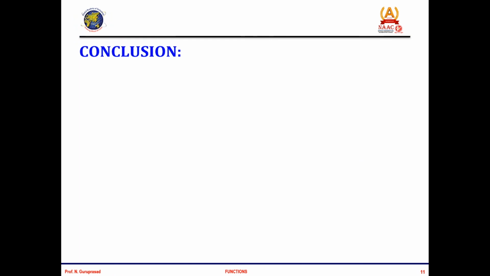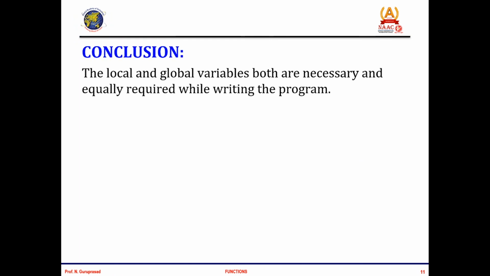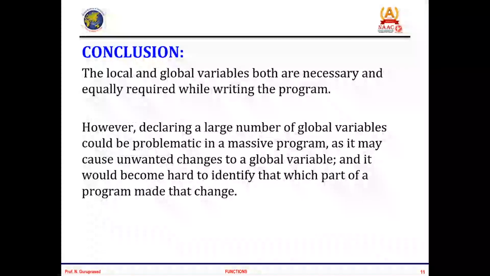So let me conclude this concept of local and global variables. The local and global variables both are necessary and equally required while writing a program. However, declaring a large number of global variables could be problematic in a massive program, as it may cause unwanted changes to a global variable, and it would become hard to identify which part of the program made that change.